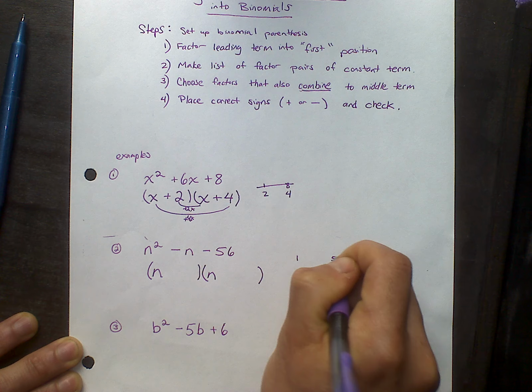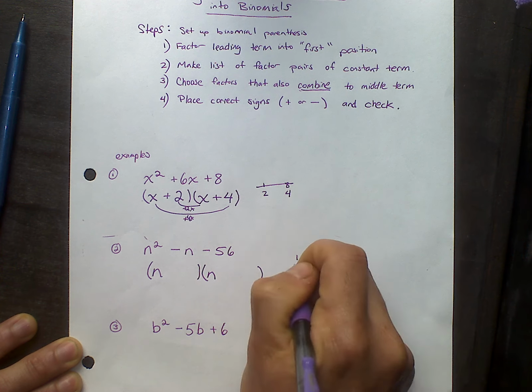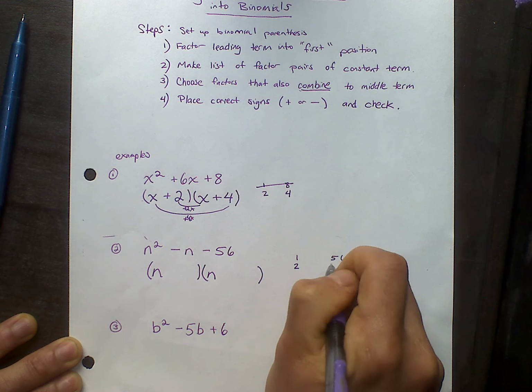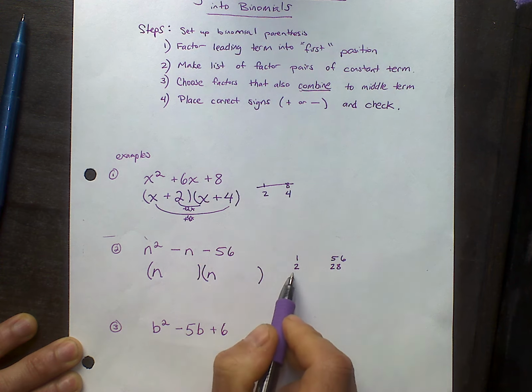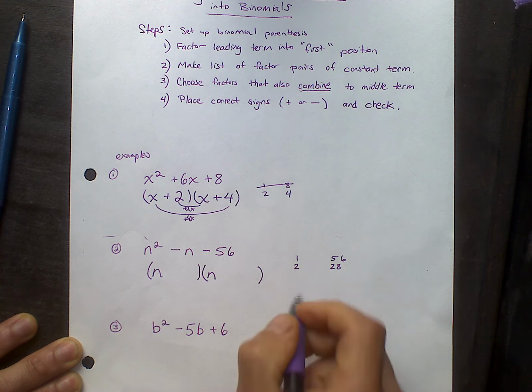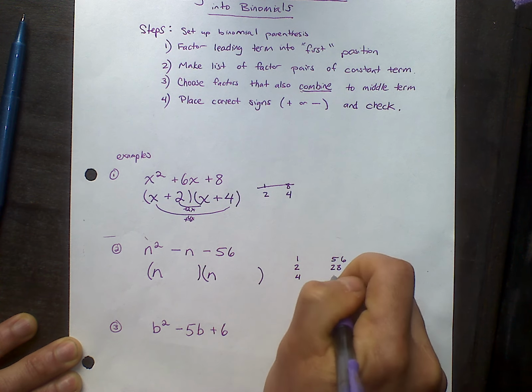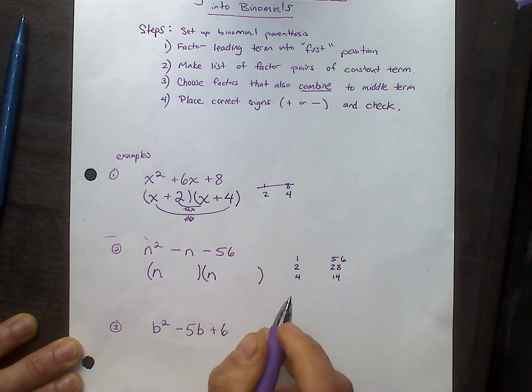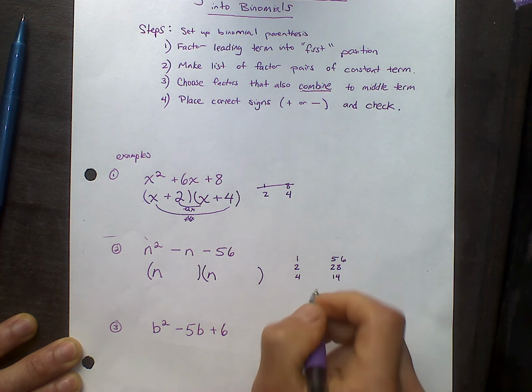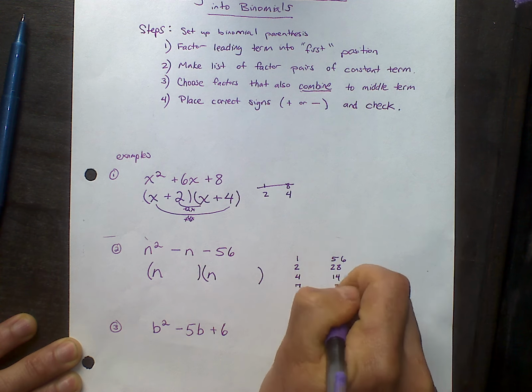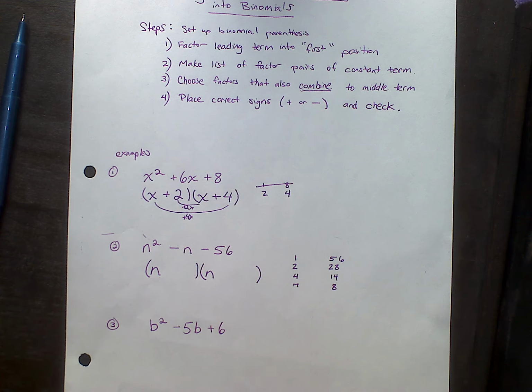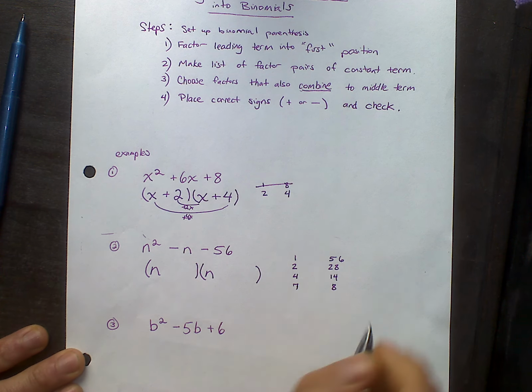There's 1 times 56. 56 is even, so I'll say 2 times 28. 3 does not go in, 4 does. 4 times 14. 5 doesn't, 6 doesn't, 7 times 8. And that lists all the pairs of numbers that will multiply to 56.